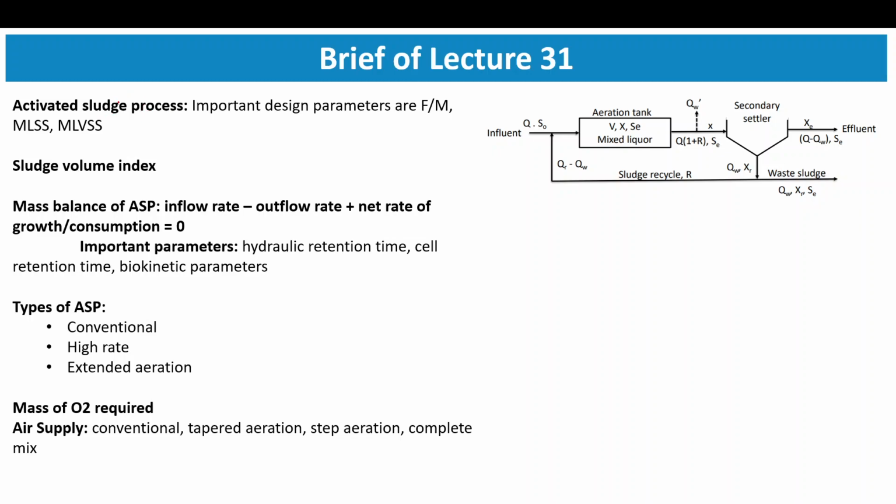One of the most common secondary treatment processes is the activated sludge process, which is the conventional one. Here, if this is the influent of wastewater, which will have some amount of BOD, it goes to the aeration tank where we provide the microbes.